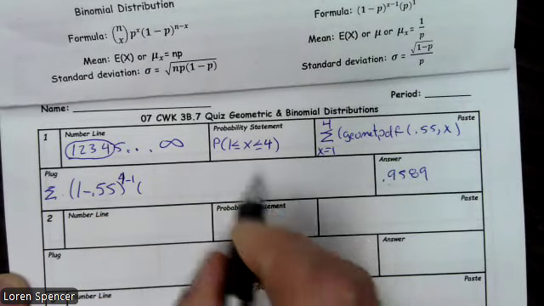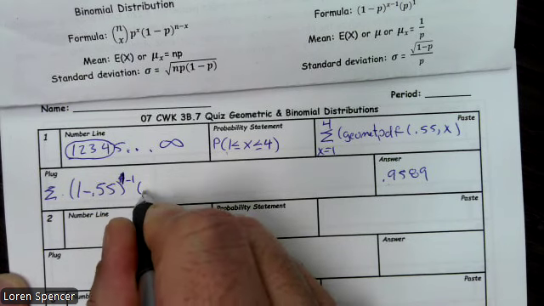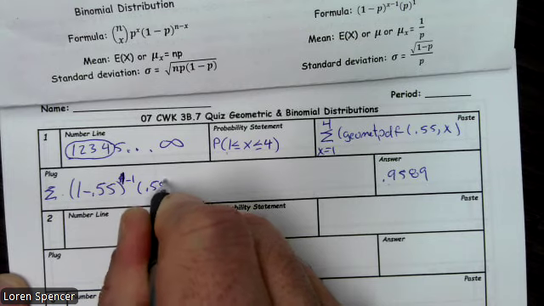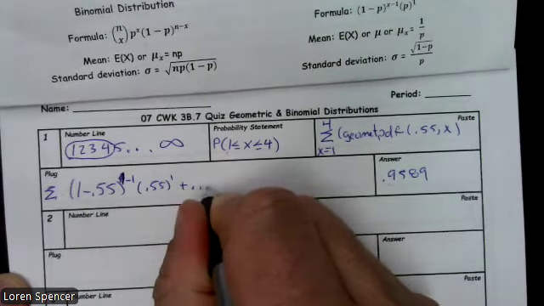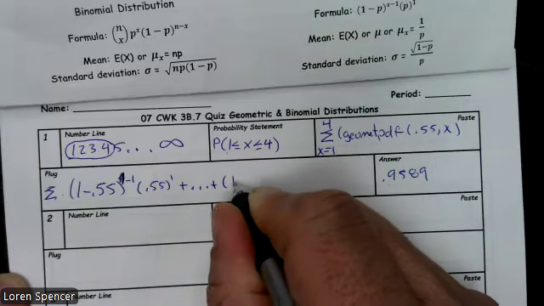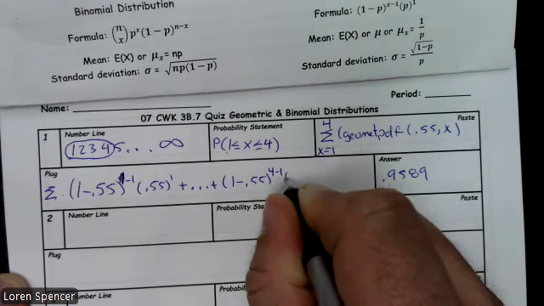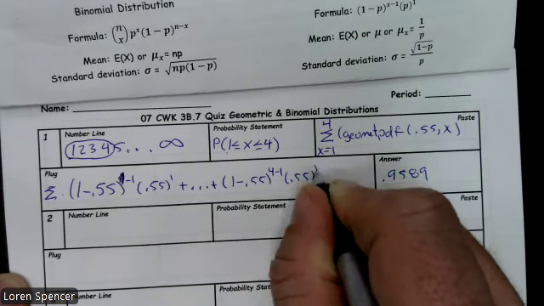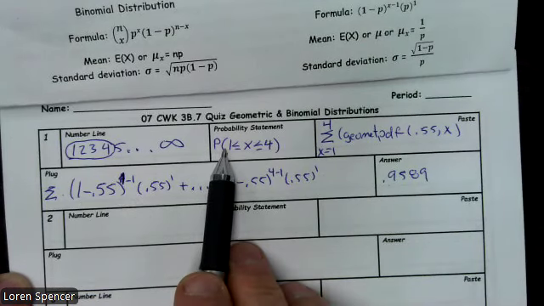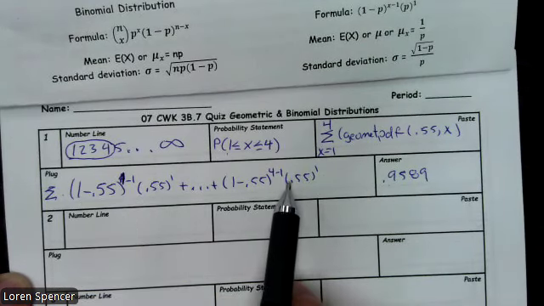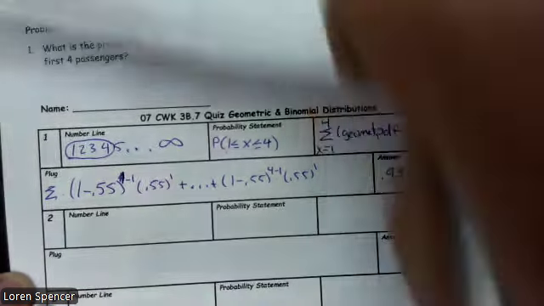Oh, we have to start, I'm sorry, we have to start with our lowest value. Our lowest value is 1, and then 0.55 to the first, plus dot, dot, dot, plus 1 minus 0.55, 4 minus 1 times 0.55 to the first. All right, so we started with our lowest value of 1 that went here, and then our highest value of 4 went here. So that's the first one.